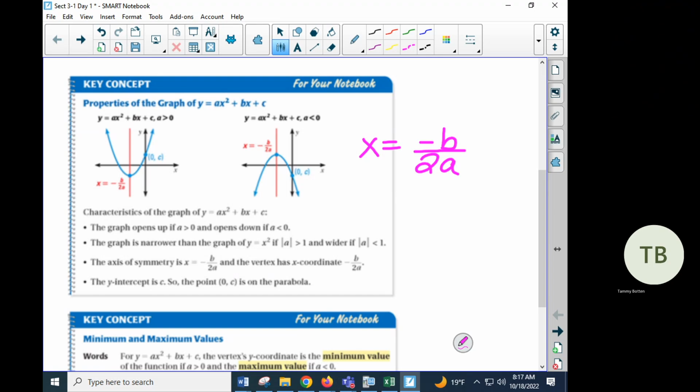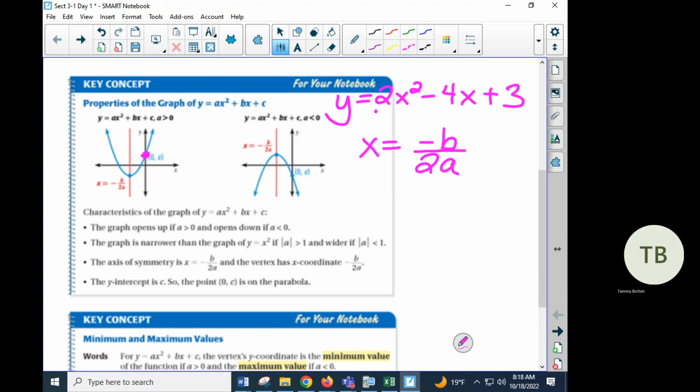Another thing we have to do today is label the y-intercept, which is where your graph crosses the y-axis. Let's say it was y equals 2x squared minus 4x plus 3, okay?